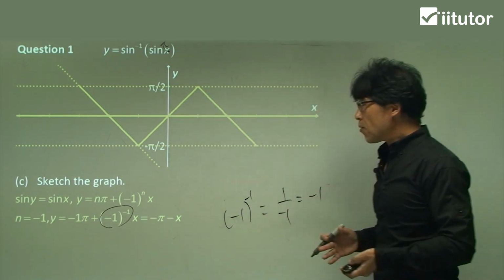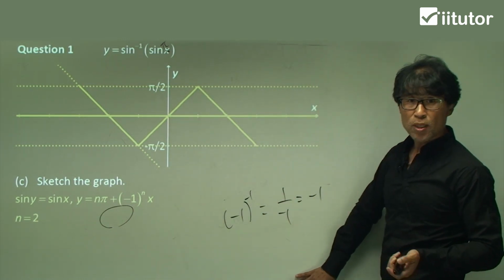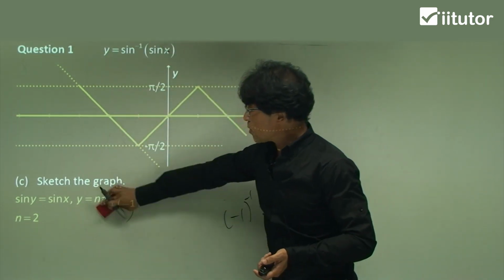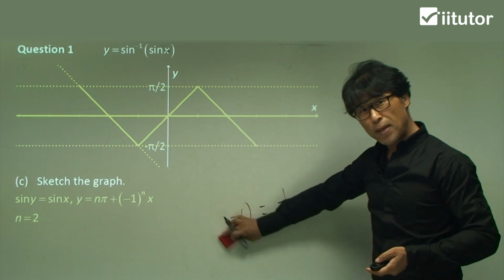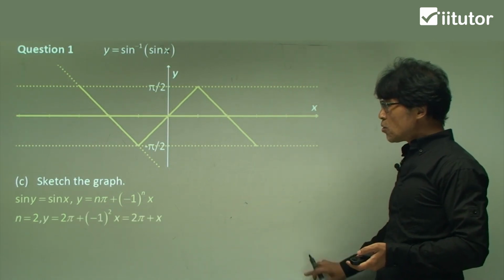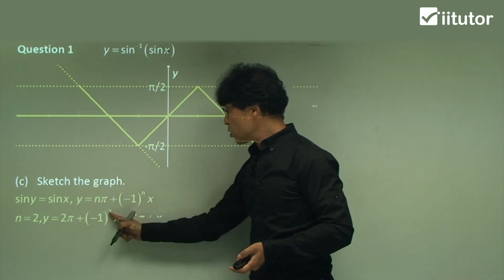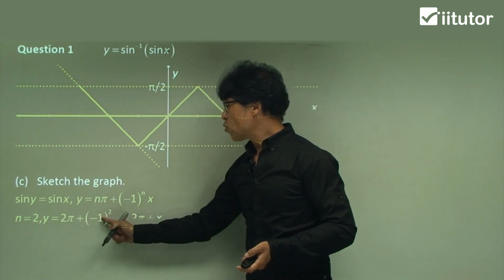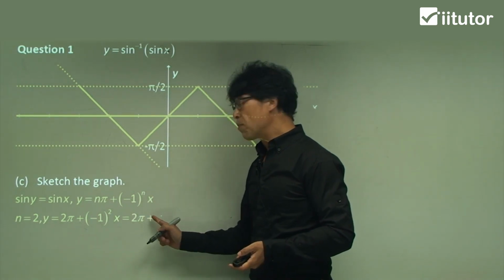Now what are you going to do? You're going to substitute n equals 2. Not many things to do yet, guys. You probably see some patterns already. So n equals 2, we're going to substitute 2 and 2. That makes sense. 2 pi, and then negative 1 squared makes positive x.